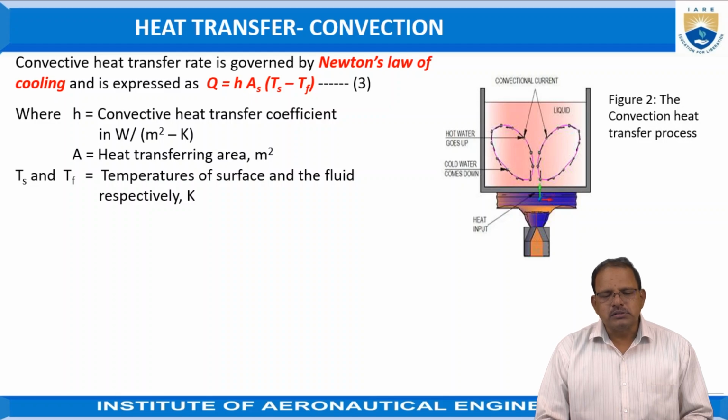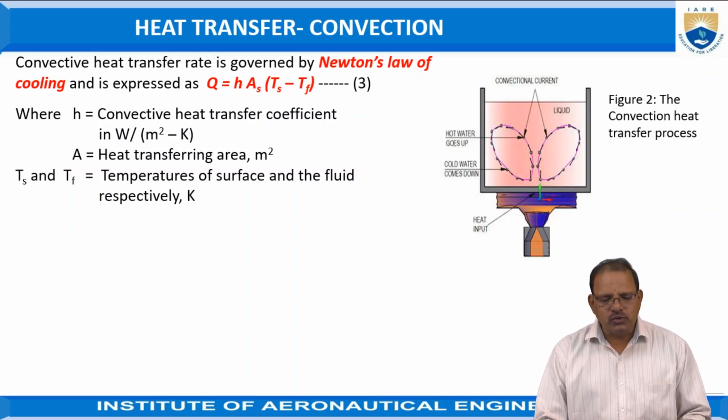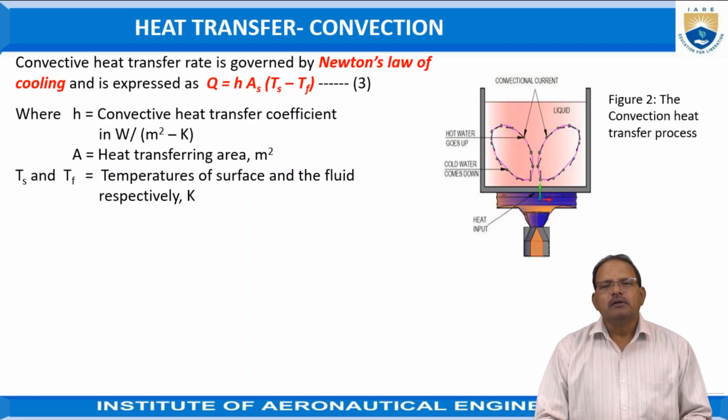The relation which gives the flow of energy is given by Newton's law of cooling. It is expressed as Q is equal to h into As into Ts minus Tf, where Q is representing the amount of flow of energy and h is representing the heat transfer coefficient in the convection process, or coefficient of convection, and A is representing the area of the cross section.